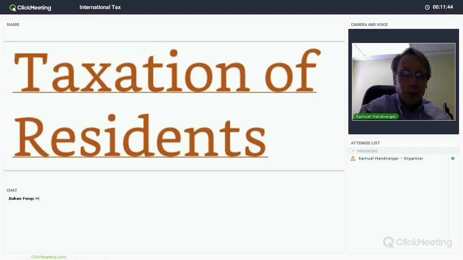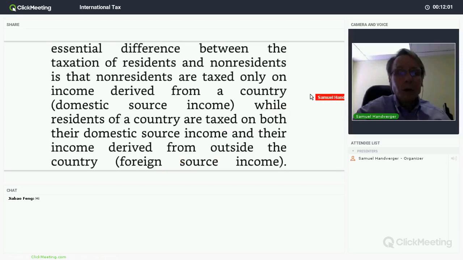So having said that there's an income tax on the residents, the question is, what does that cover? We've talked about the concept of covering either worldwide taxation or something we call territorial. The truth of the matter is that most countries are taxing their residents on what would be considered worldwide income, but they don't tax everything.